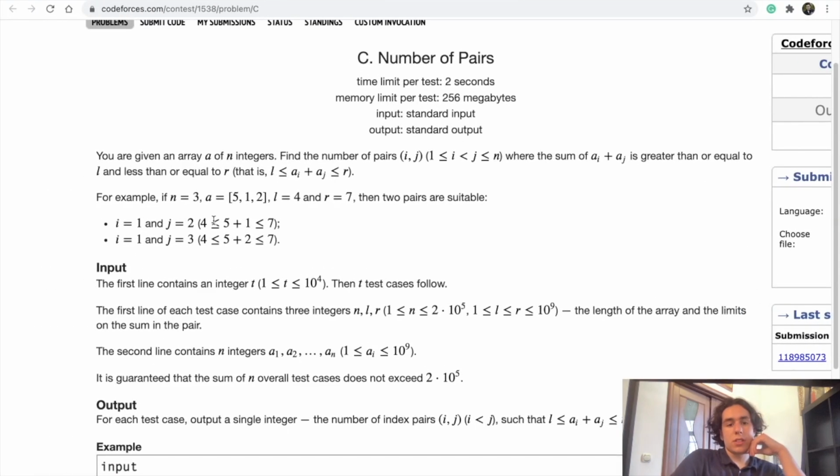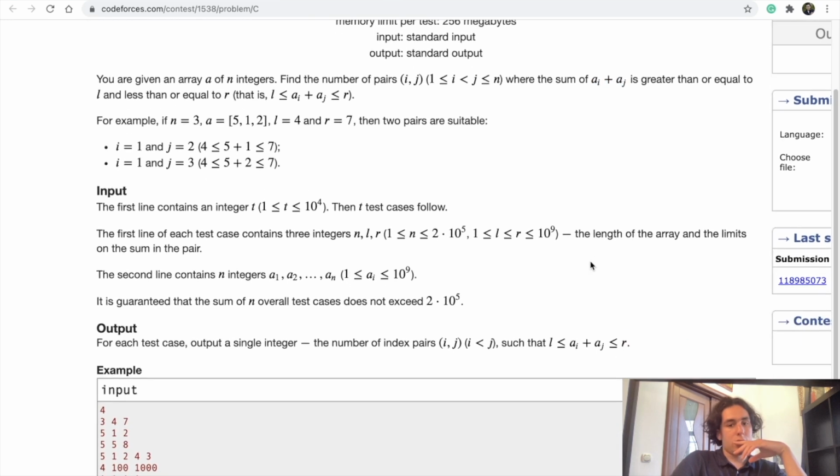here, when I read the first sentence, I understood that we should take the sum of two elements. But here, for some reason, I thought that we should find the number of segments.